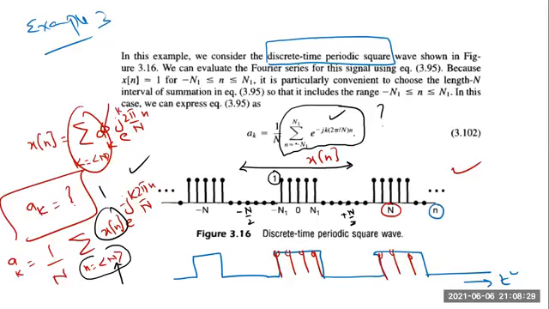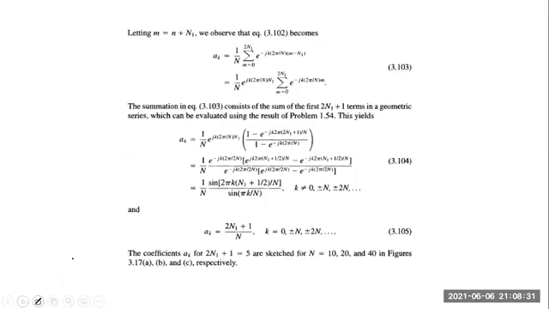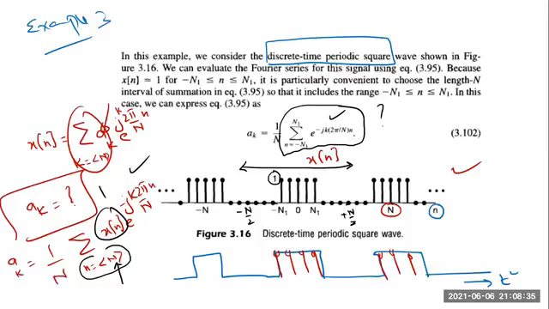So whenever you have something like this, it is better to transform it with a change of variable. In this case, our variable is small n. So what we can do is introduce another variable, small m, which is equal to n plus N1.